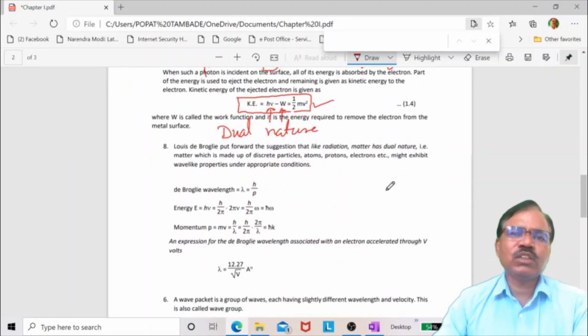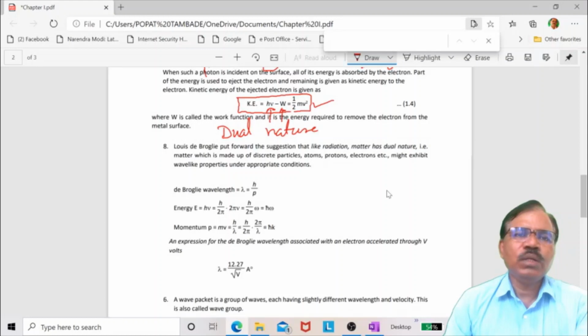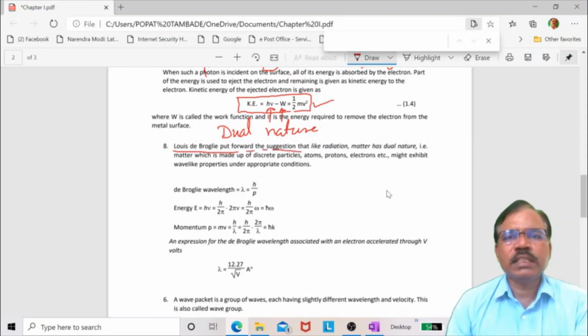So on the basis of this, Louis de Broglie put forward new suggestions like radiation and matter have dual nature. That is, matter which is made up of discrete particles, atoms, protons, electrons might exhibit wave-like properties under appropriate conditions. Means he gave two bold suggestions. Nature loves symmetry.